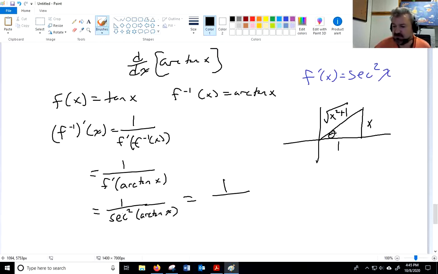The cosine of theta would be 1 over root x squared plus 1, so secant is root x squared plus 1 over 1. But don't forget, we're squaring that because it's secant squared. So this is just 1 over x squared plus 1, which is what we were trying to show. So there you go. Nice little application of the inverse function derivative formula.